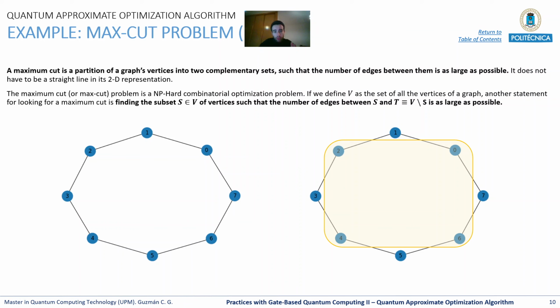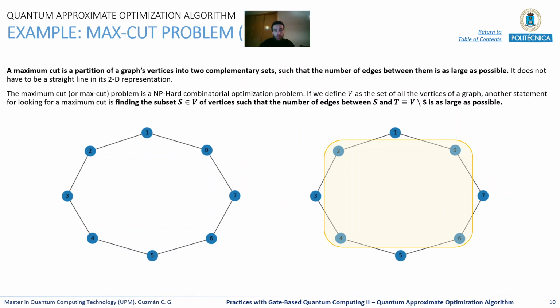So this is one example of how the QAOA can solve hard combinatorial optimization problems. If we try to get to the solution of the problem in a visual way, that's what we have in the right corner of the slide.